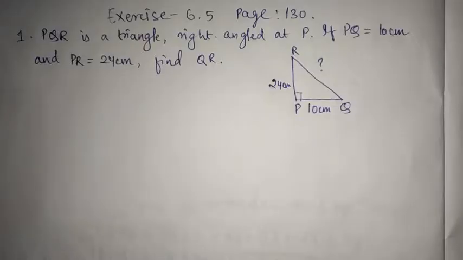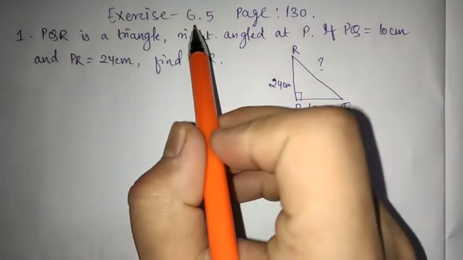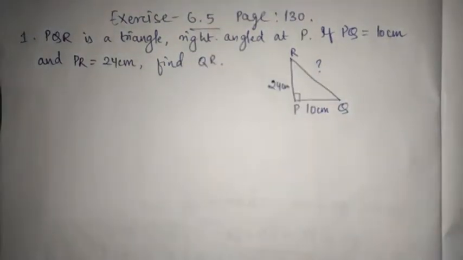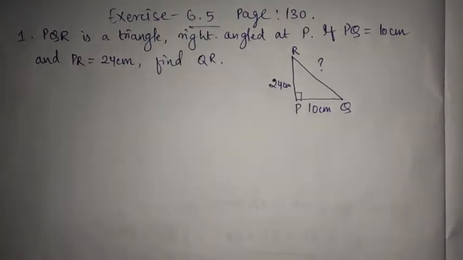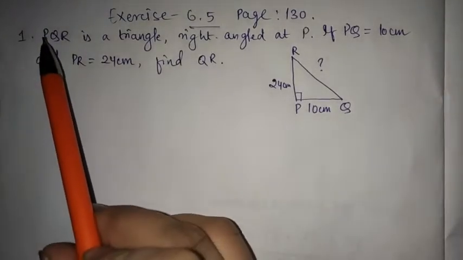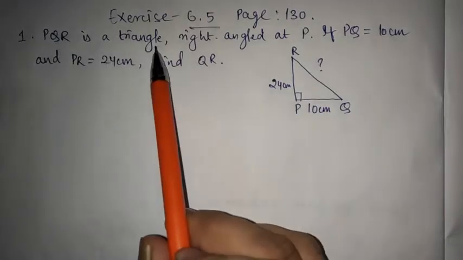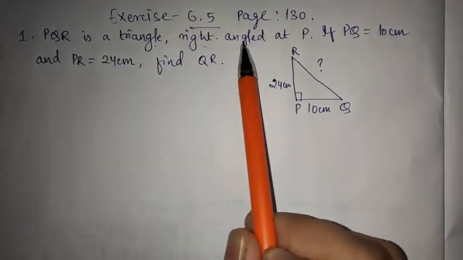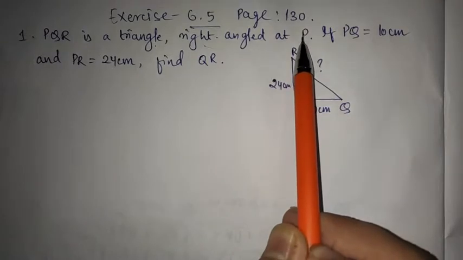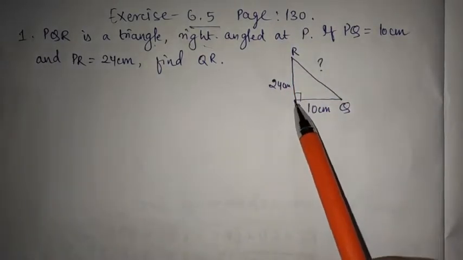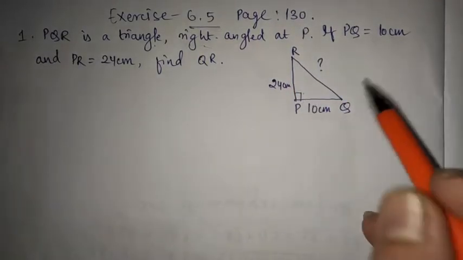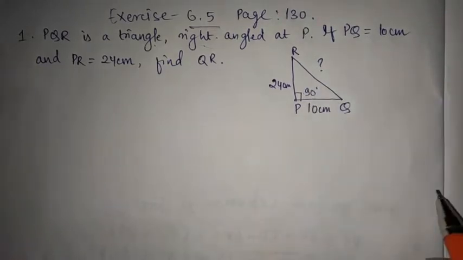Students, here we have the first question. In the slide I told you that it is exercise 6.6. Sorry for that, it is not exercise 6.6, it is exercise 6.5, which is on page number 130. All right, so the first question: you can see PQR is a triangle that is right angled at P. Right angle at P means P is making 90 degrees.